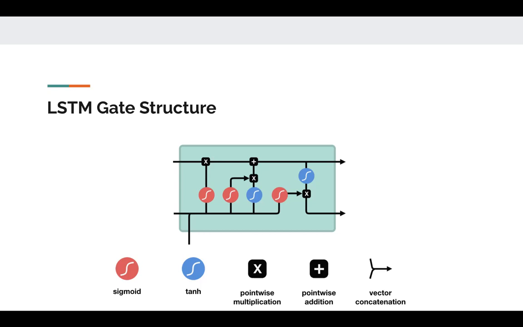So f of t equals sigmoid of w of f times h of t minus 1 comma x of t, plus some constant, let's say b of f, because it's the forget gate again. So w of f is the forget gate weight, h of t minus 1 is the previous hidden state, x of t is the input, and b of f is a constant. This is what the forget gate does.